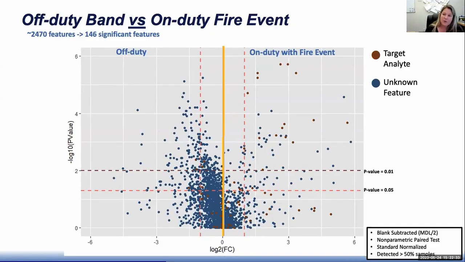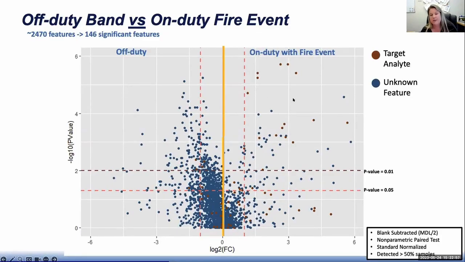But what you can see is there are more dots, more features that were more abundant off duty than on duty, because we have more of these symbols to the left of the vertical line, which was interesting. Again, suggesting that firefighters in this case have more exposure overall to things that we're picking up by GCMS off duty versus on duty. But what we're really interested in are these features in the upper right-hand quadrant.